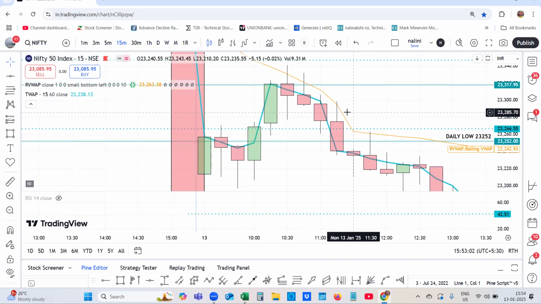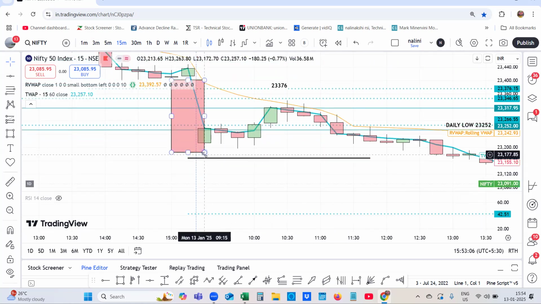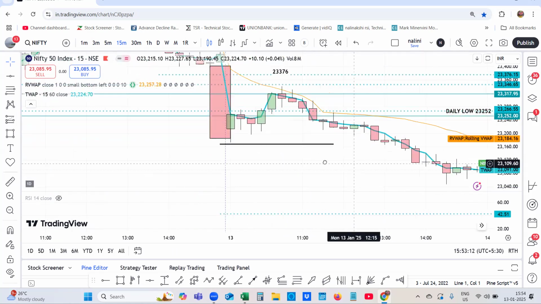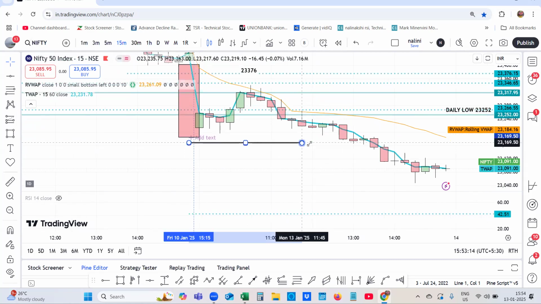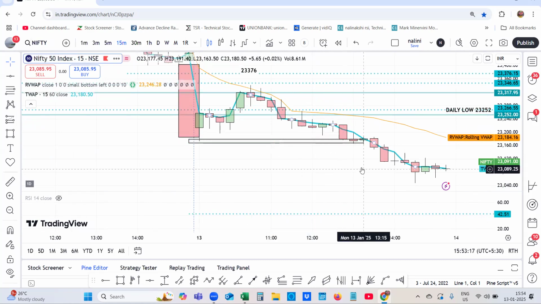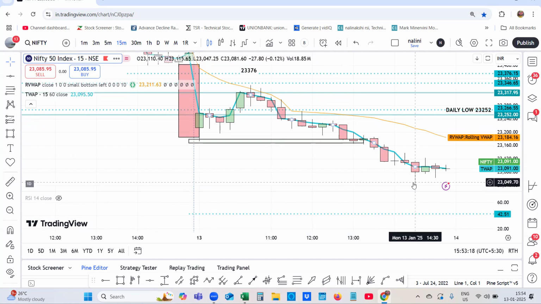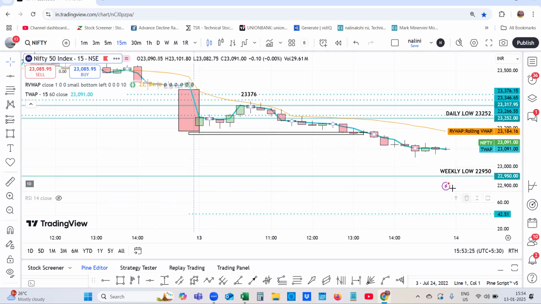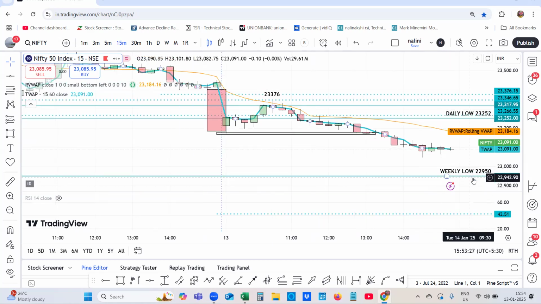I will go to that. See, it continued. It started falling below this initial first 15-minute candle and continued the down move. From here, it continued the down move. It finally went down to 23,049.47, and our level marked was the weekly low based on the India VIX, 22,950.